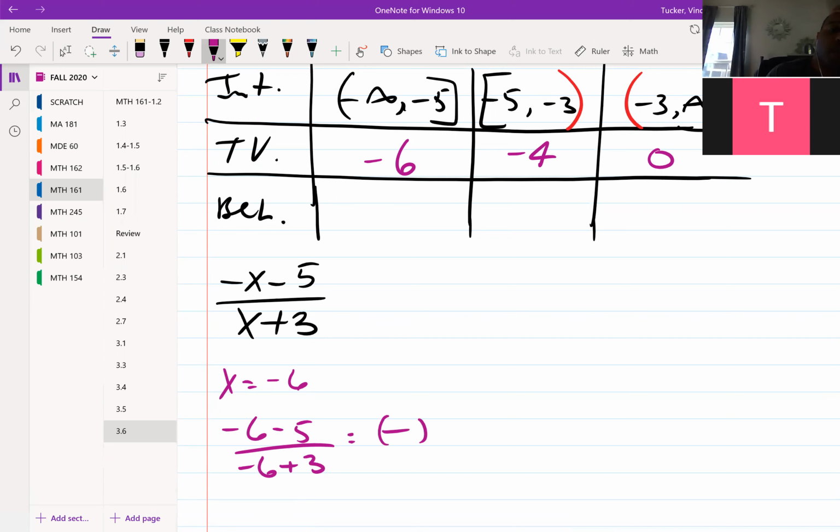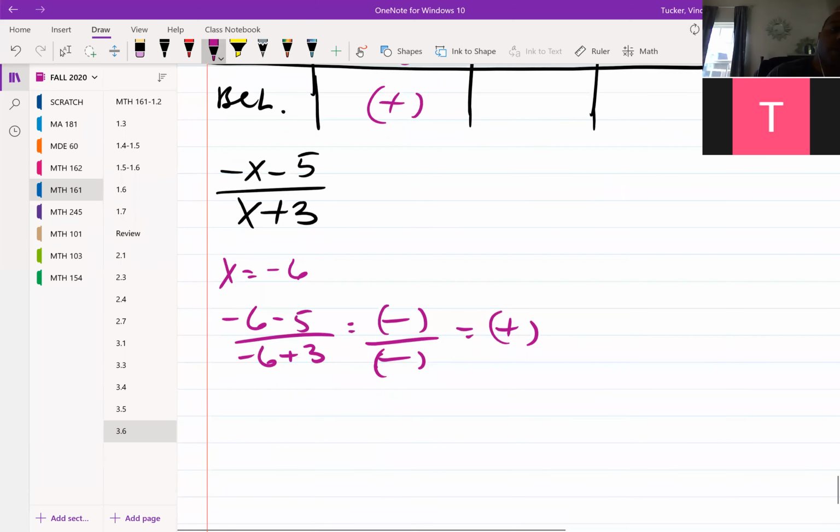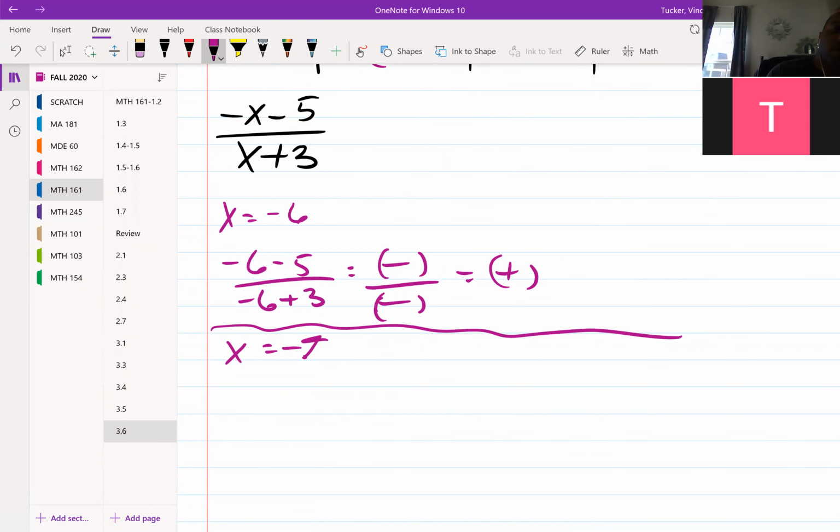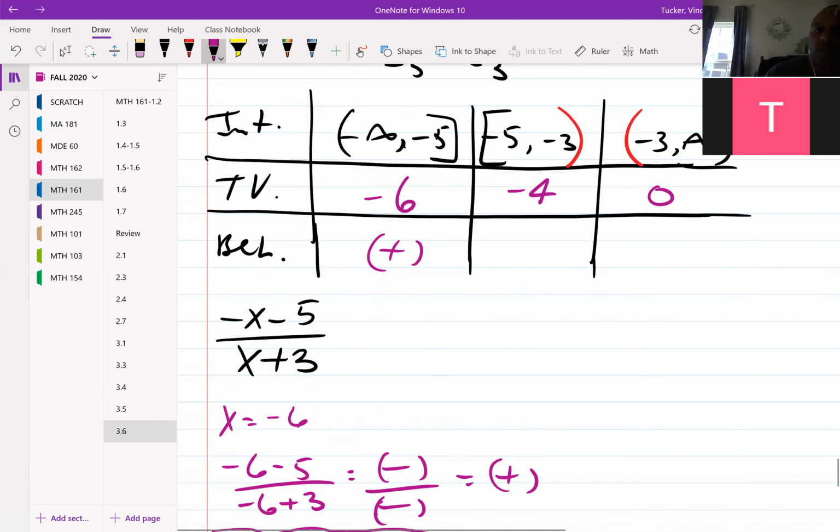That's negative on top, negative on bottom. That's going to be positive. All right, plugging in -4. What did I do?